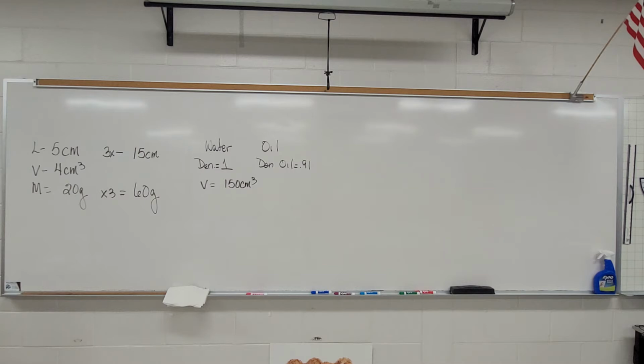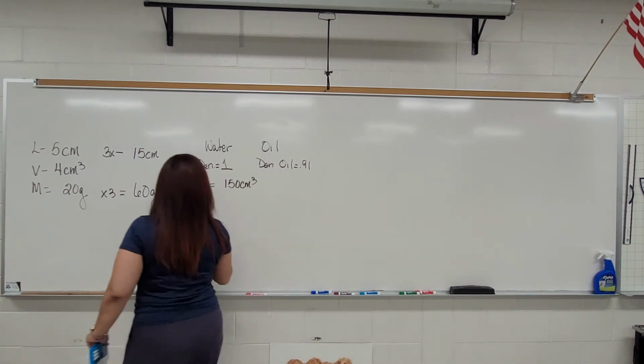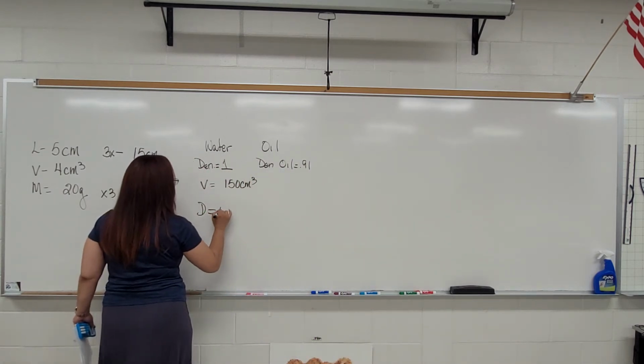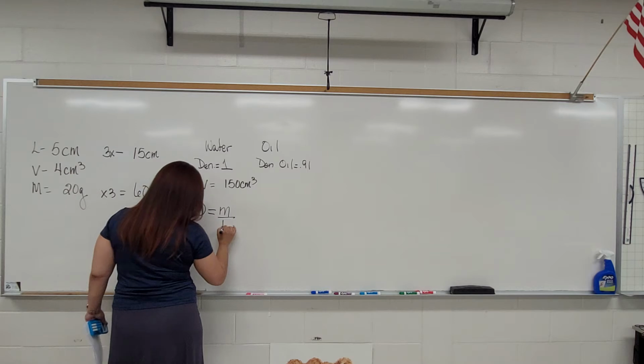So let me go ahead and grab my calculator. For water, the density formula is density equals mass divided by volume.